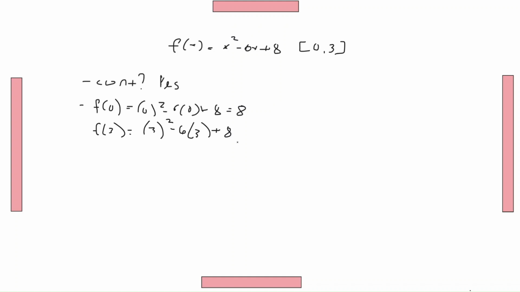Okay, so if we were to solve that, we would get 9 minus 18 plus 8. And of course, that would turn into negative 9 plus 8. And then negative 9 plus 8 gives you negative 1.